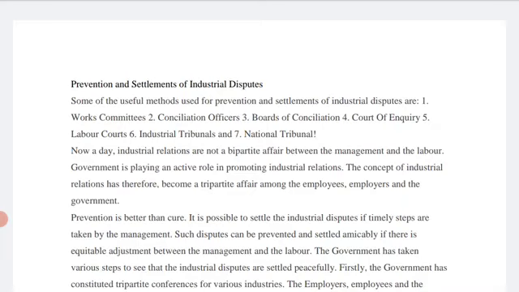See, many times employees have their demands, and the employer also has demands.